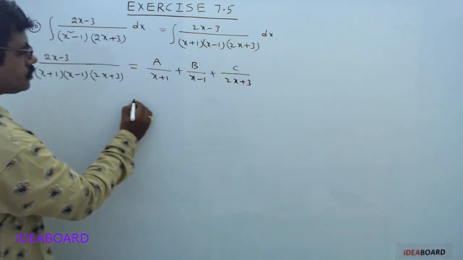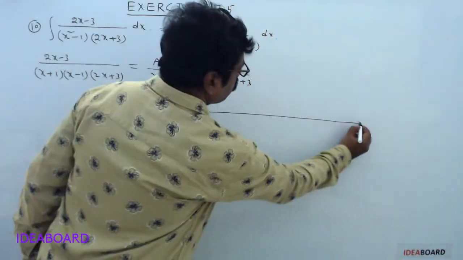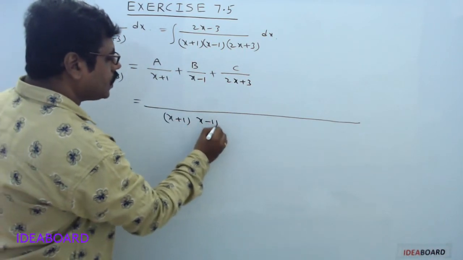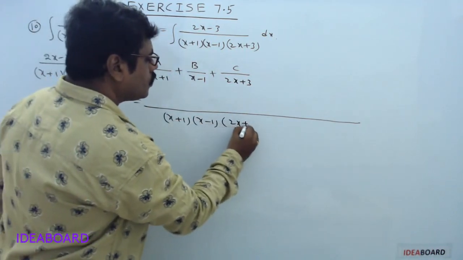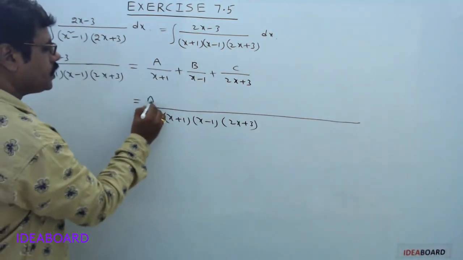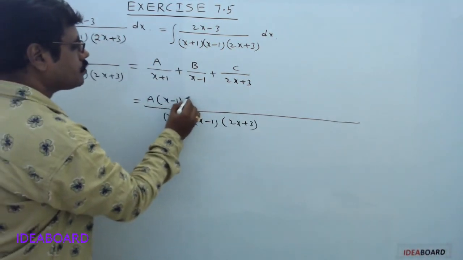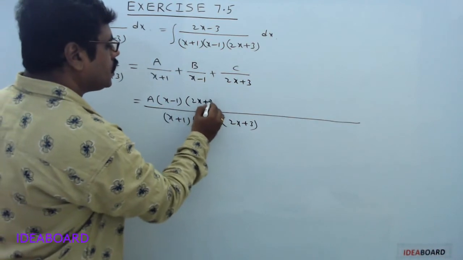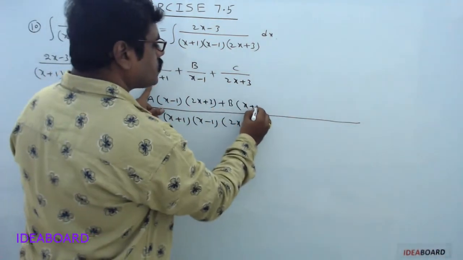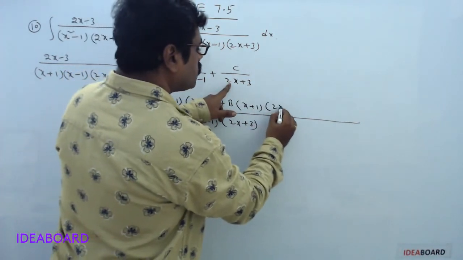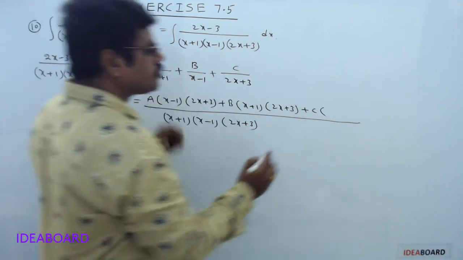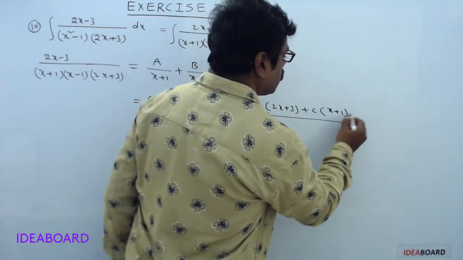Take the LCM: x plus 1 into x minus 1 into 2x plus 3. What about the corresponding numerator? a into x minus 1 into 2x plus 3 plus b into x plus 1 into 2x plus 3 plus c into x plus 1 into x minus 1.